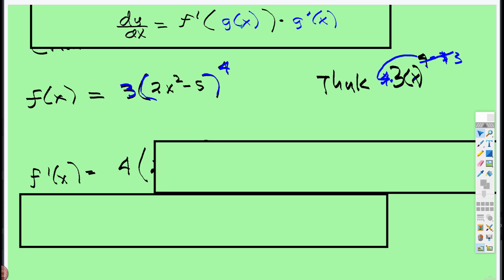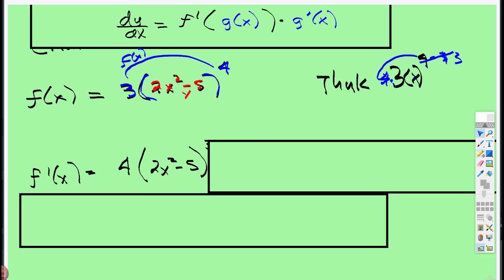Remember what I said, you leave the g. This is the g function. So this outer blue stuff is the f. 3 something to the fourth is the f function. And this inside the parentheses is the g function. So we're going to leave the g function intact.